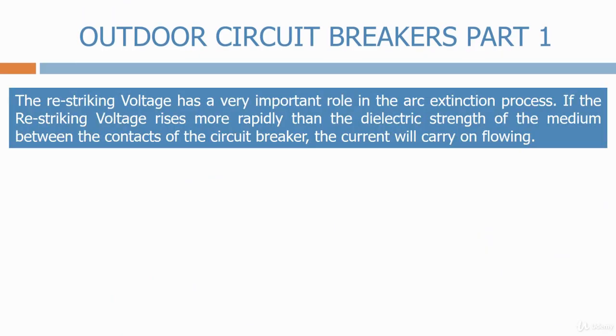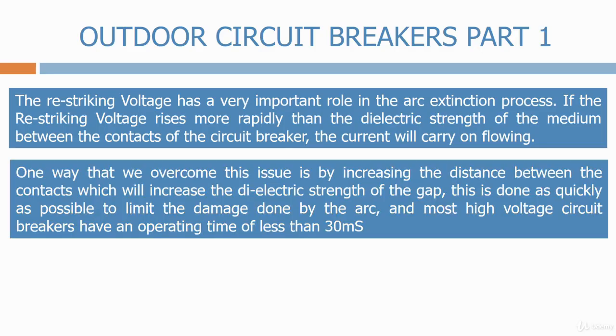The restriking voltage has a very important role in the arc extinction process. If the restriking voltage rises more rapidly than the dielectric strength of the medium between the contacts of the circuit breaker, the current will carry on flowing. One way that we overcome this issue is by increasing the distance between the contacts, which will increase the dielectric strength of the gap.